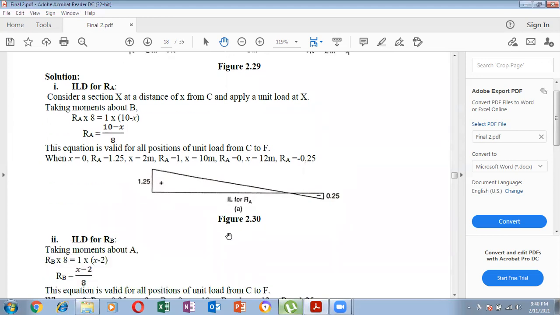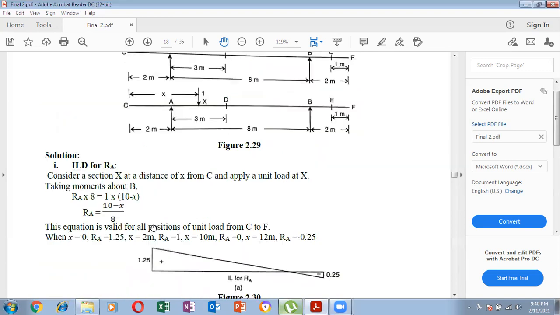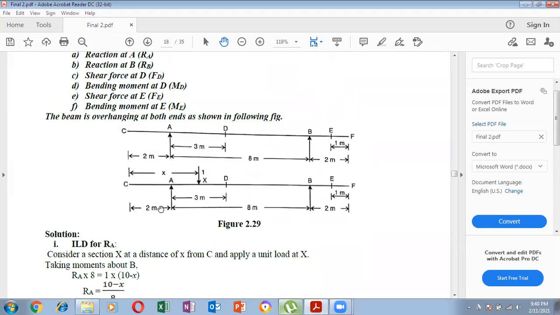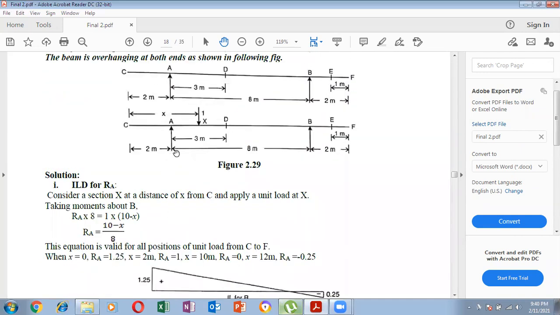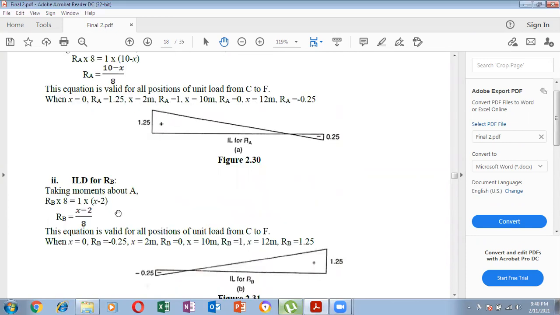Next, the influence line diagram for RB. Now taking moments about A, RB into 8 minus 1 into (x minus 2) equals 0, so RB is equal to (x minus 2) by 8.